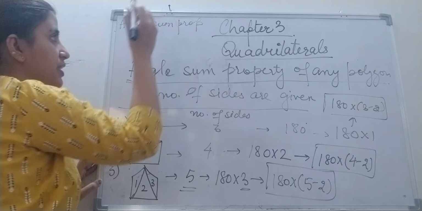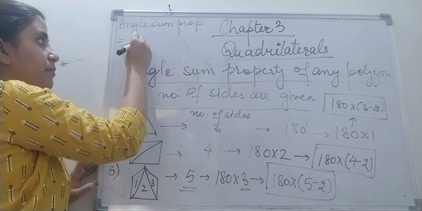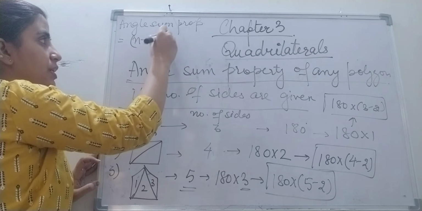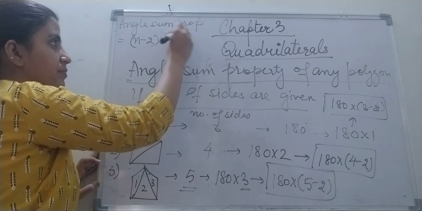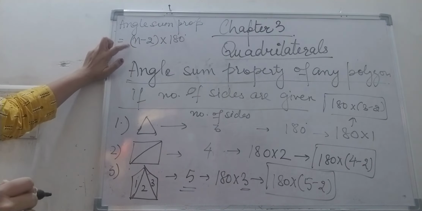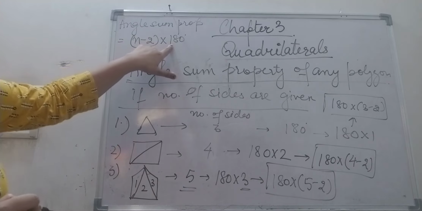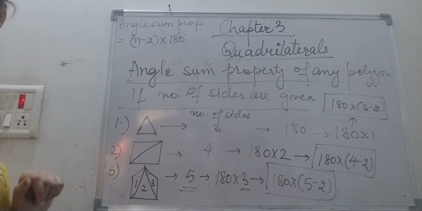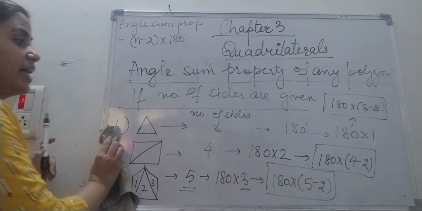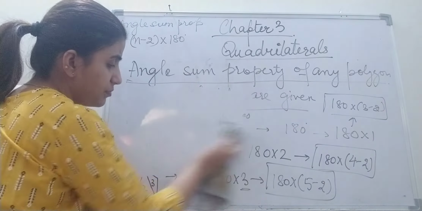Angle sum property is n minus 2 into 180 degrees. Means whatever the number of sides, if I subtract 2 from it and multiply by 180 degrees, I will get the angle sum of that polygon.